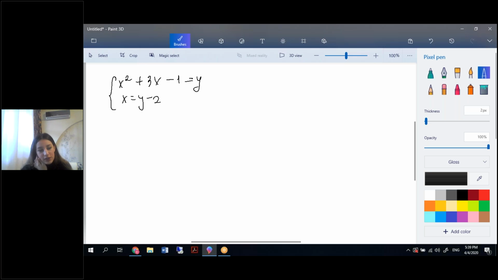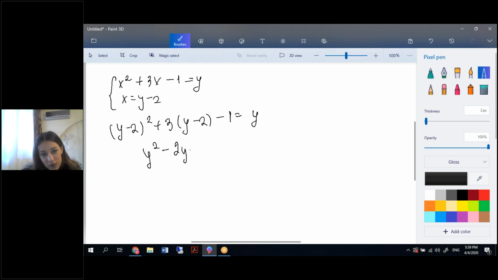So we take this one and put it instead of this x. And we remember that we get y squared minus 2y minus 3 equals 0. So now we can find that the roots of this quadratic equation are y1 equals 3 and y2 equals minus 1. Vieta's rule we use here.